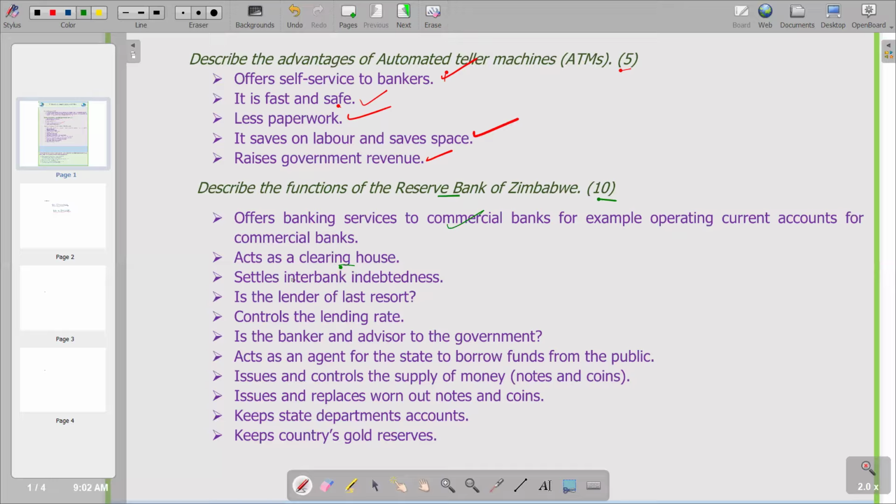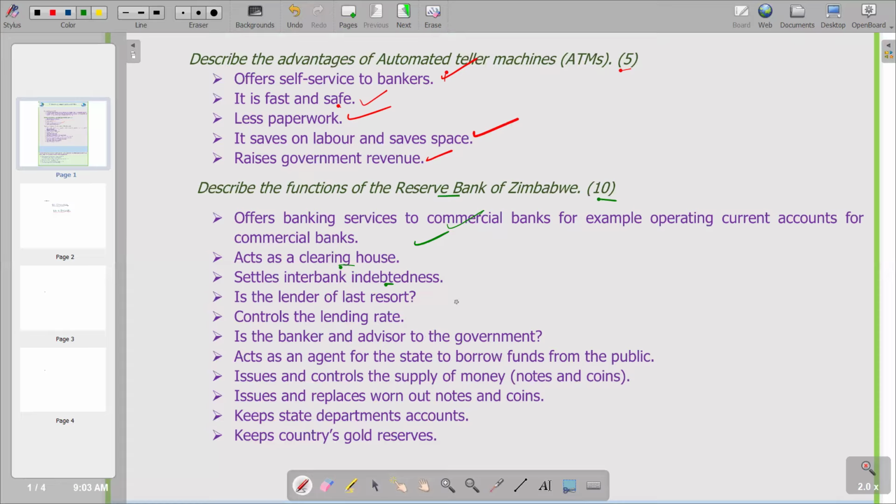So we go to the next one. Settles interbank indebtedness. Indebtedness on its own means a condition of owing money. So in other words, when there are conditions of banks owing each other, the central bank can come in as an intermediary in terms of settling those debts that are there between those financial institutions.